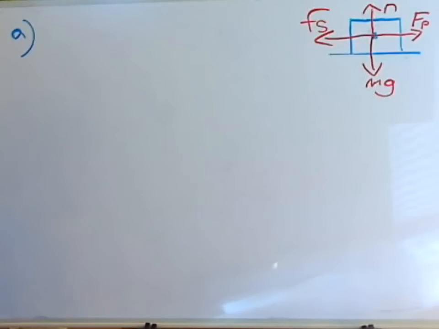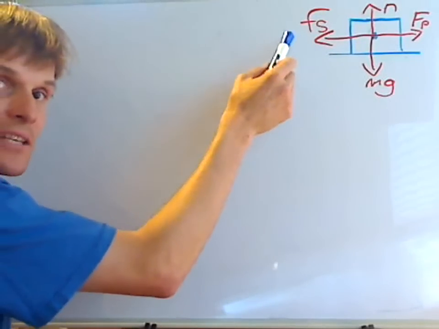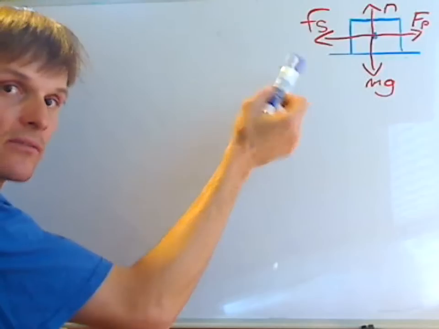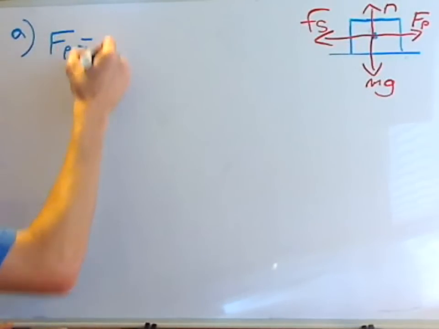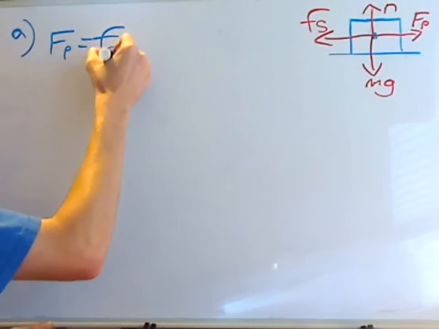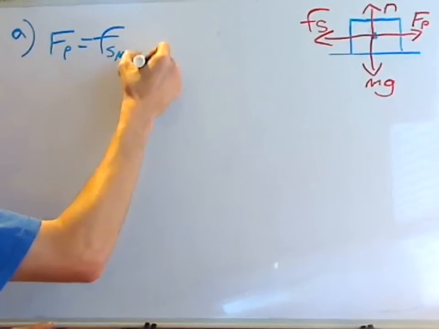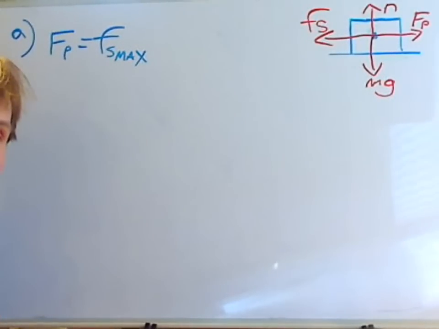Remember, static friction has a maximum possible value, and we need to push at the maximum value of static friction. Once we go over that amount, the box moves.